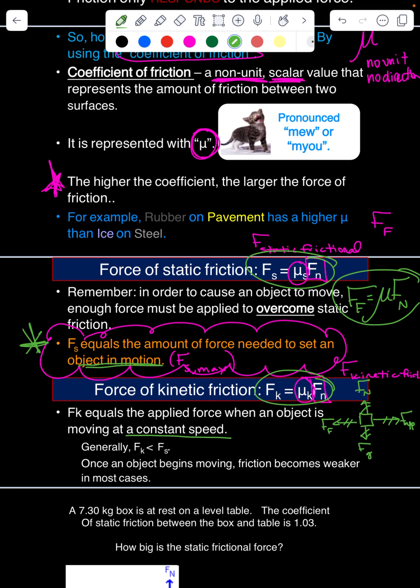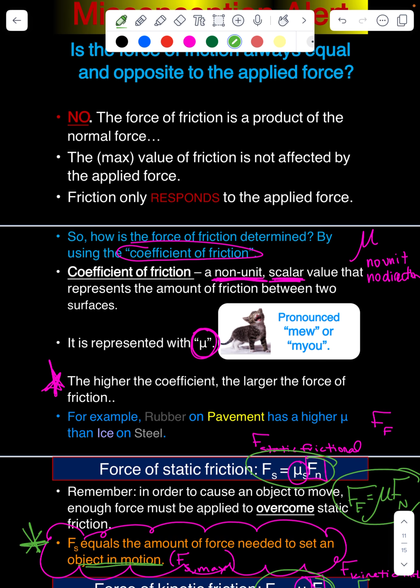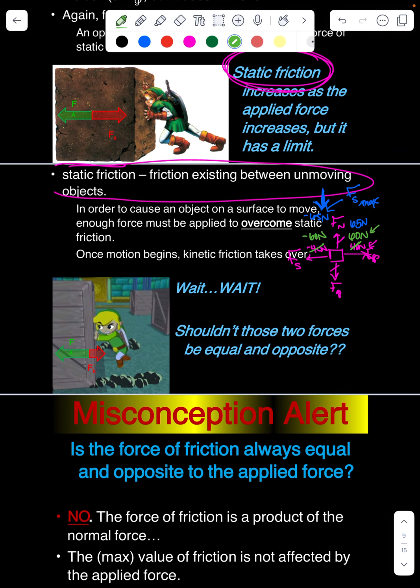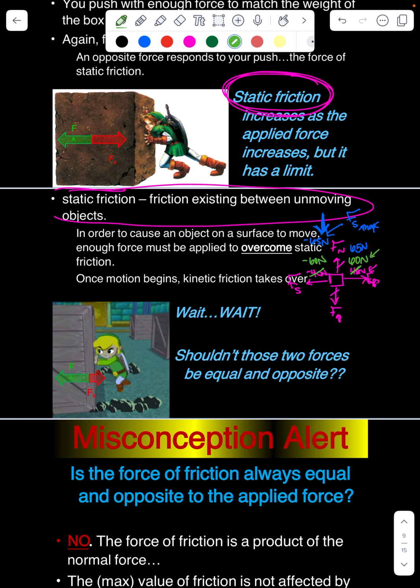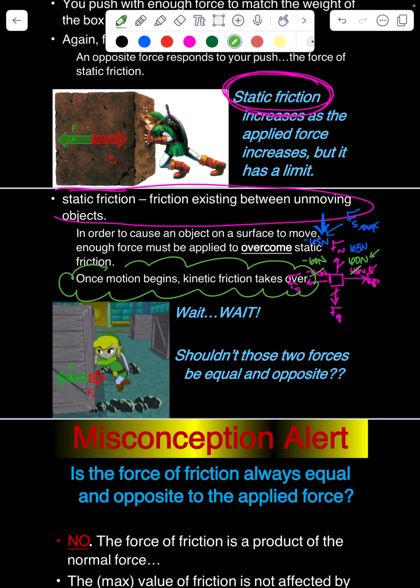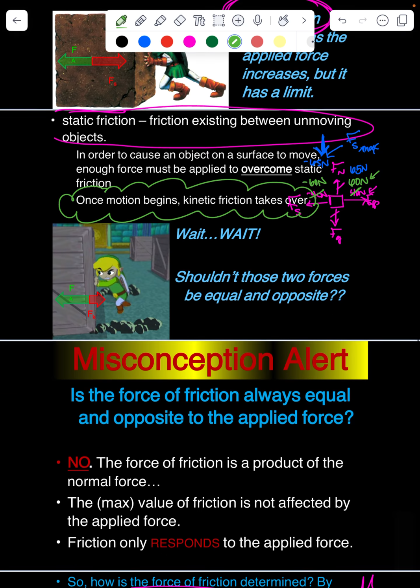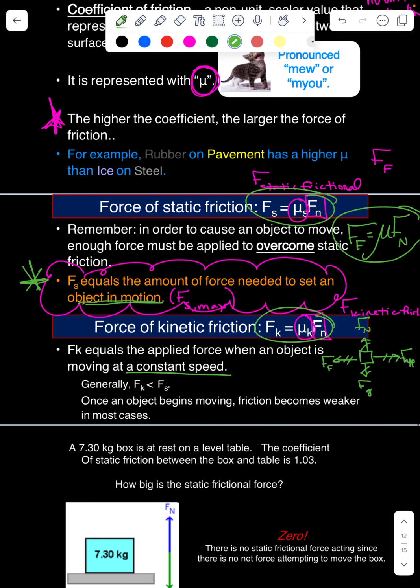One thing we do need to know, which I think I skipped over, is that once we overcome static friction and the object starts to move, it is no longer static friction. It turns into kinetic friction. Generally speaking, our kinetic friction is less than our static frictional force.